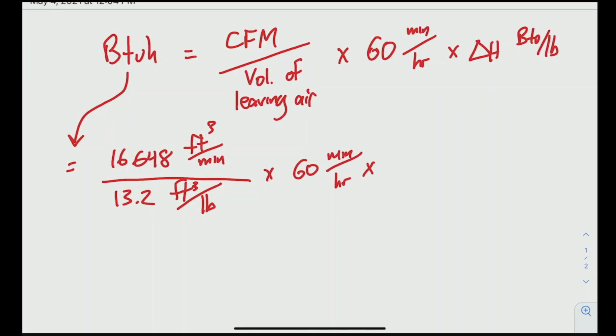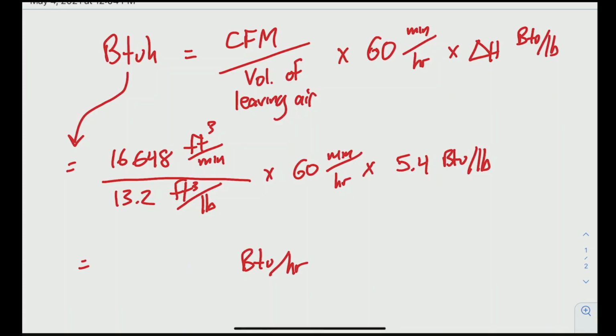And our delta H was given in the original question as 5.4 BTUs per pound. That was one of the given pieces of information, our change in enthalpy of the air. So we have 5.4 BTUs per pound. And now when you multiply this all out, you'll see how you end up with an answer that's going to be in units of BTUs per hour or BTUH.